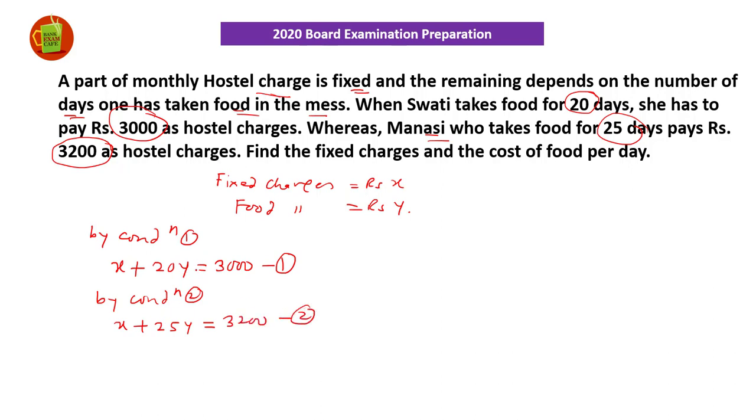Now solving equations 1 and 2, subtracting 2 from 1, we get X gets cancelled. So 20Y minus 25Y, that will be minus 5Y, which is equal to 3000 minus 3200, that is minus 200.